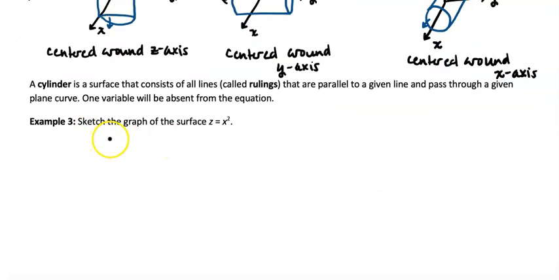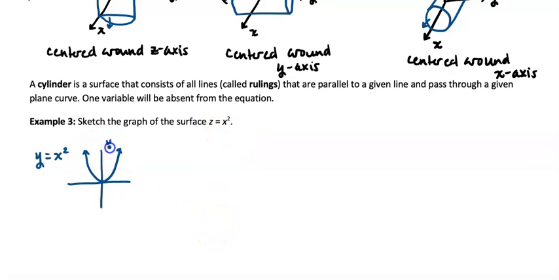Example 3, we want to sketch the graph of the surface z is equal to x squared. Well, z is equal to x squared, doesn't that look a whole lot like a parabola? We know that the parabola y is equal to x squared looks something like this. So what about z is equal to x squared?